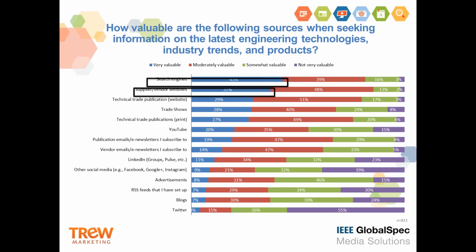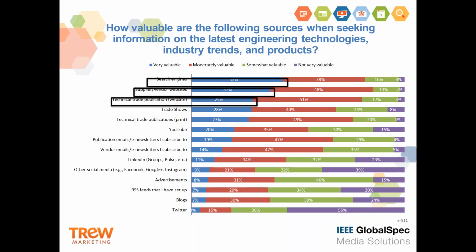There's a 6-point drop to the second most valued content source, at 37%, which is supplier and vendor websites. And then there's another 8-point drop to the third most valued source, which is online again, trade publication websites, with 29% rating this source as very valuable.